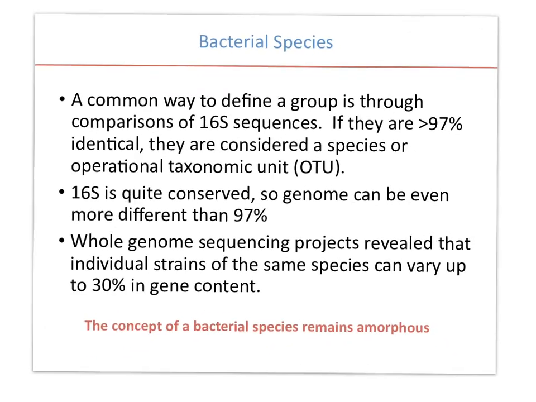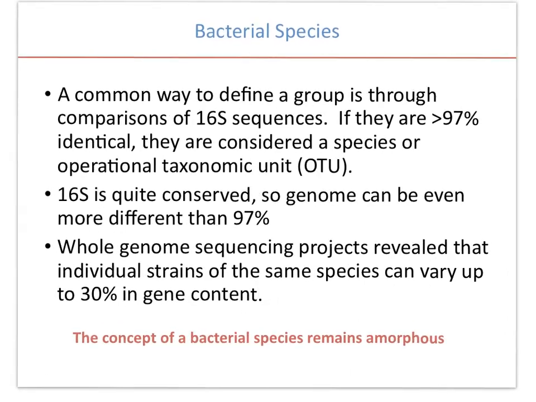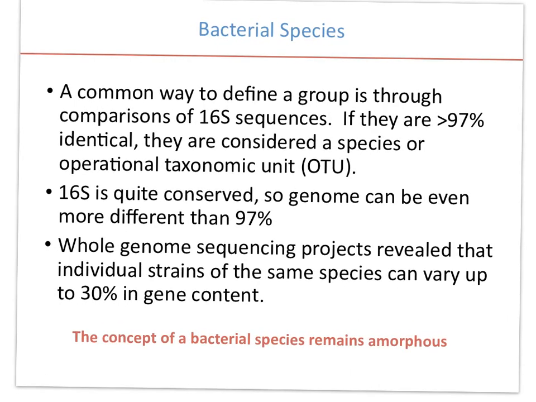Okay, so here's some text written out of a lot of the things I just talked about, mostly for your studying convenience. But again, a common way to define a species is if they are greater than 97% identical. What's kind of interesting is that this goes back to the fact that 16S is really well conserved. So you might have two 16S sequences that are 97% similar, but the genome can actually be more different than that.